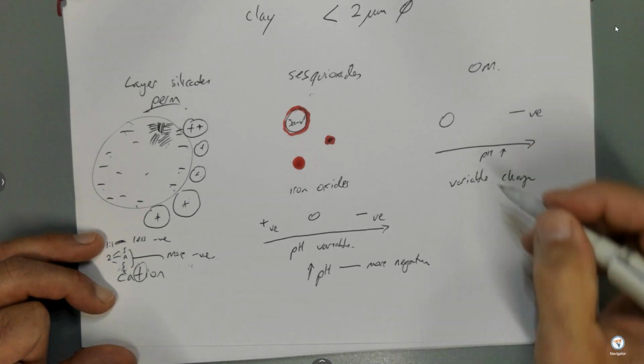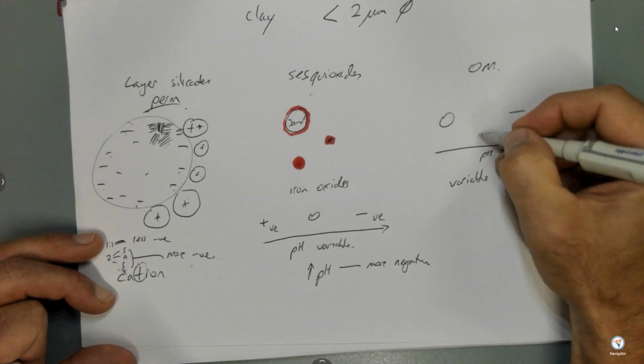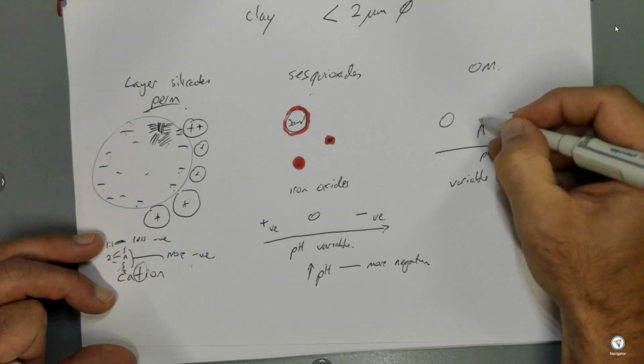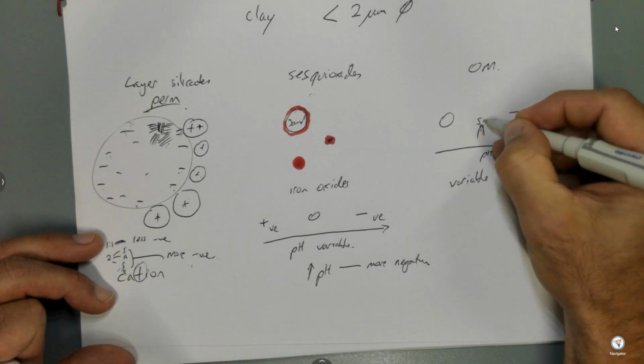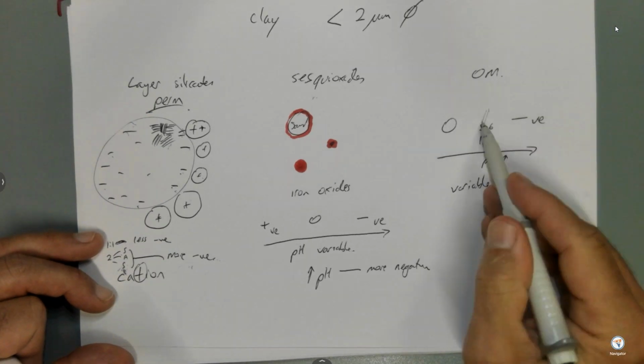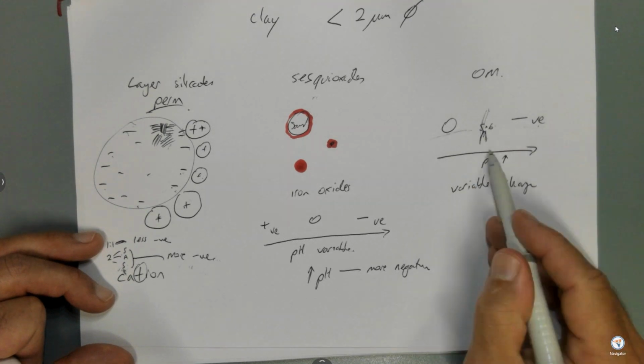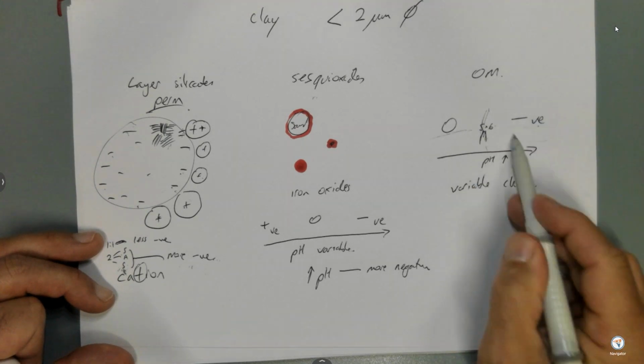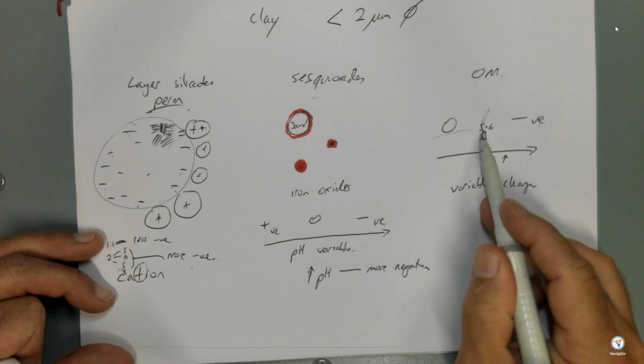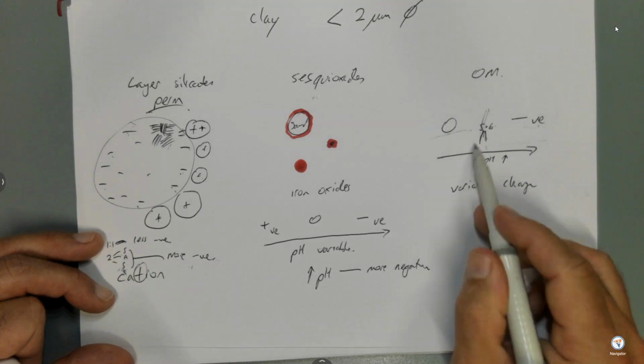Okay, and so at around pH 5.6-ish, you'll have about half your organic matter having no charge and half having a negative charge. And as you increase the pH more and more, it becomes negatively charged. If you drop the pH below that, you'll get more and more of the organic matter not getting a charge.